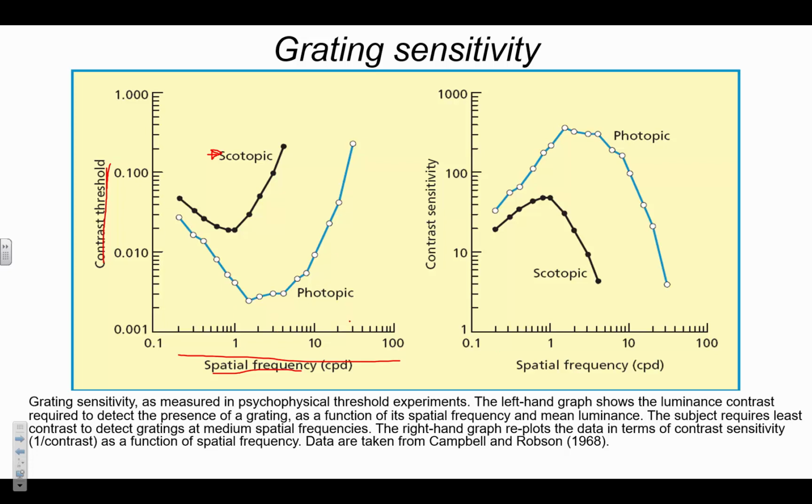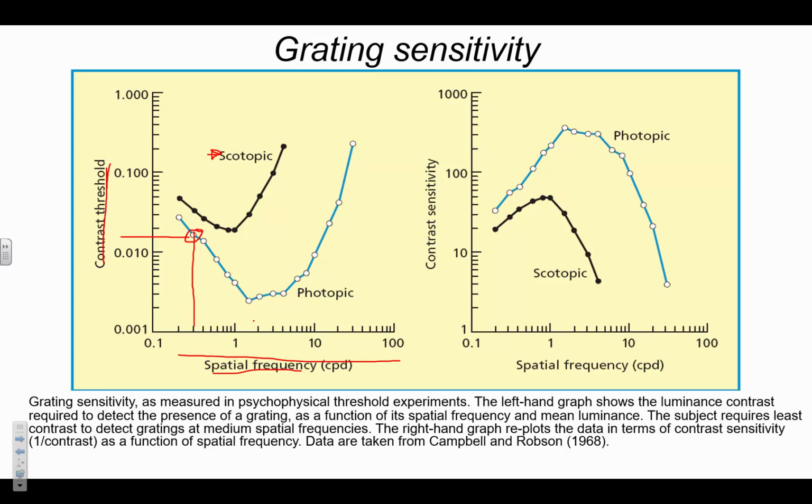Let's go at a low spatial frequency, somewhere around 0.2 cycles per degree. That's how much contrast you need to be able to say, yes, I see dark bars, and I see light bars.